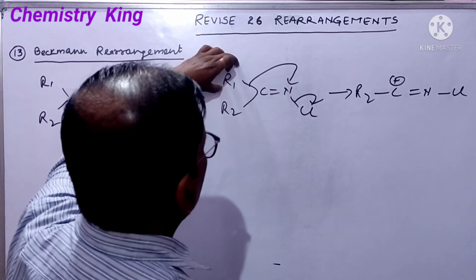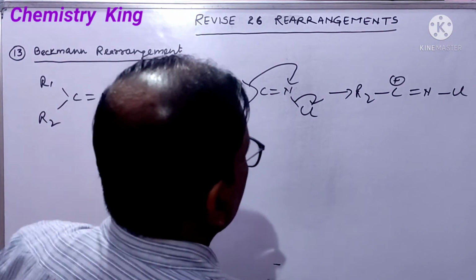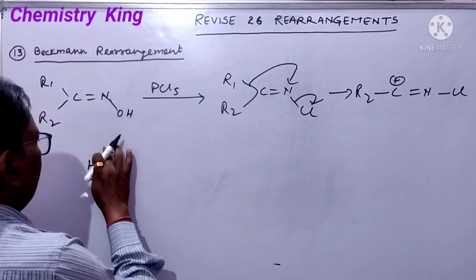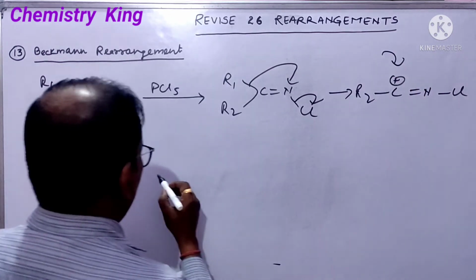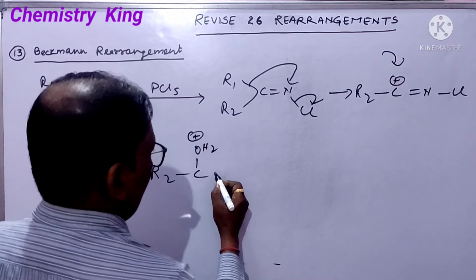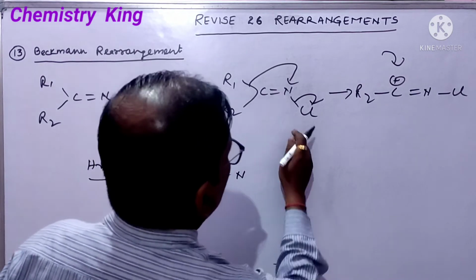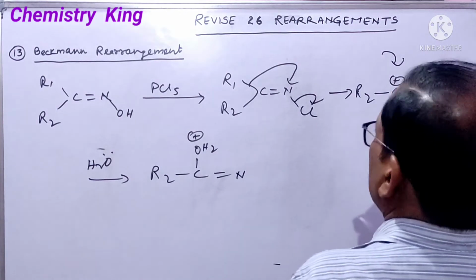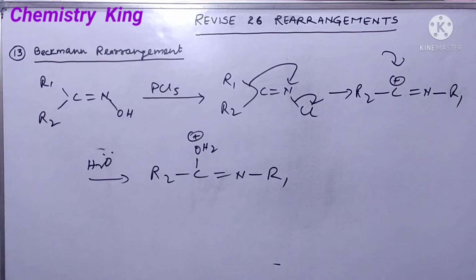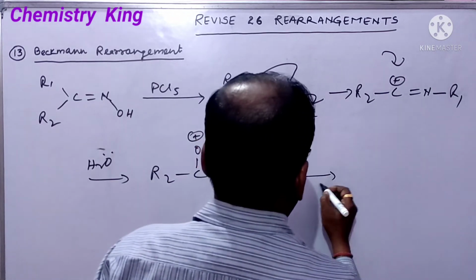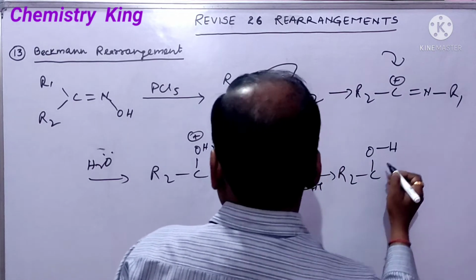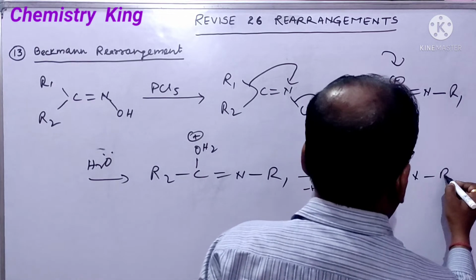This chlorine and this group are in trans position. Now in H2O solvent, this lone pair of electrons will attack here, and you will get R2C OH2 plus, double bond N, sorry, not Cl, it will be R1, double bond, and R1. Now H plus will be eliminated, minus H plus, and you will get R2C OH, double bond, and R1.